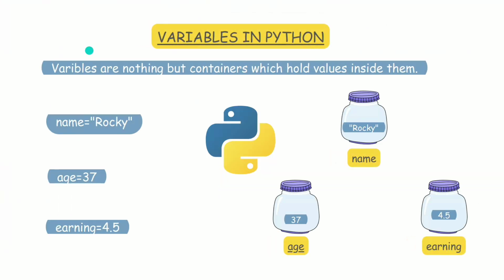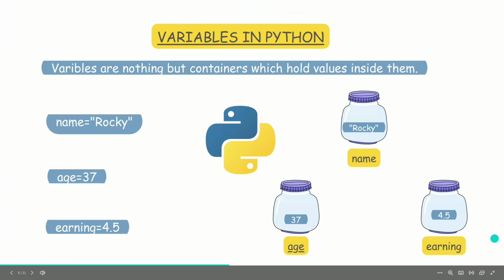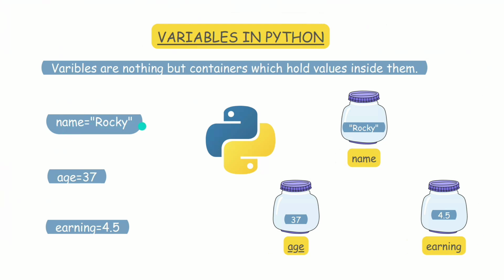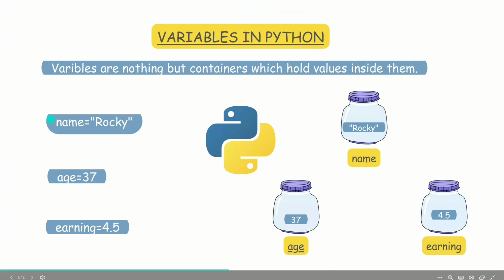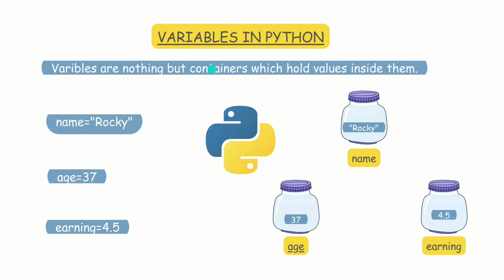Variables are the most basic concepts of any programming language. Here you can see that name equals Rocky, age equals 37, earning equals 4.5. Variables are nothing but containers which hold values inside them. Here you can see that name is holding Rocky, which is a string. I'll explain a string later on this playlist.